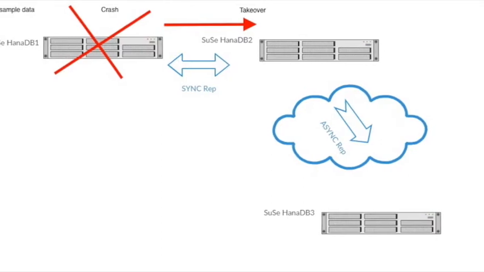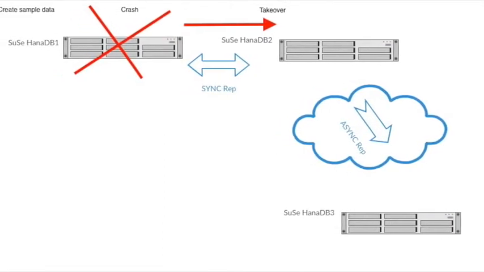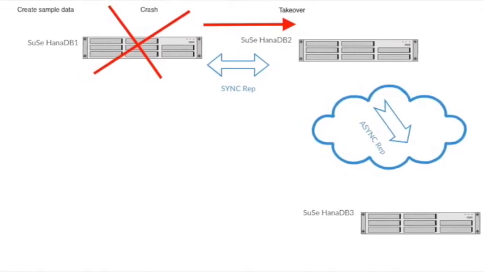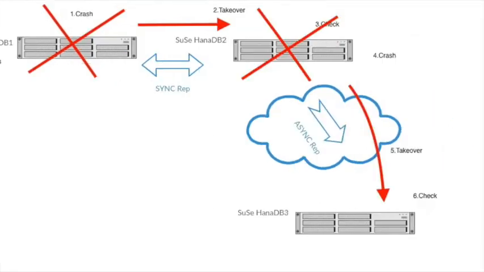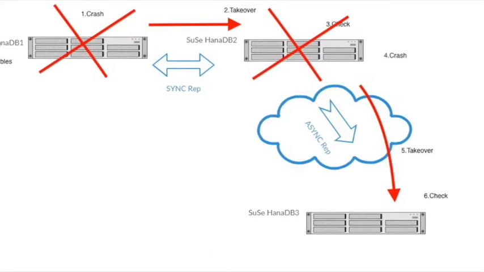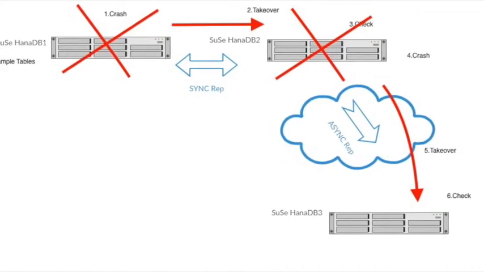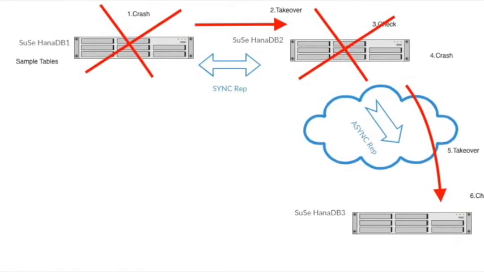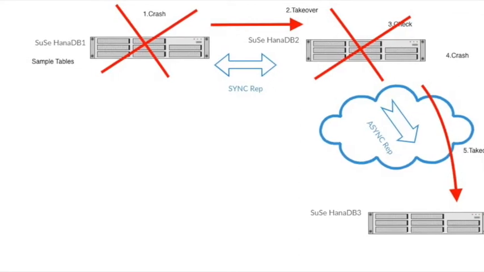Only after the crash I will run the takeover command from the second system, and I will check the data which I created on the first node. On the second part I will be doing the takeover on the second site, the third node, after crashing the second node, and I will also check the data integrity and my newly created tables.